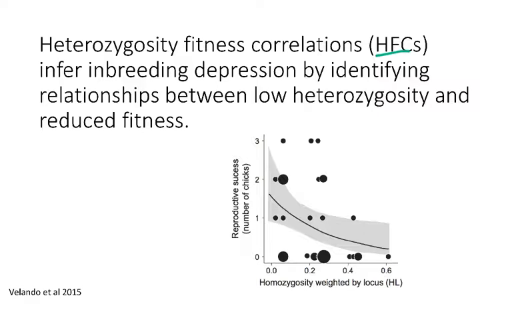That is evidence for inbreeding depression. So this graph here on the right is showing that overall, the higher homozygosity there is, the lower fitness is. In this case, that fitness is represented by reproductive success, so number of chicks. So there's a negative correlation here. That's a heterozygosity fitness correlation that indicates inbreeding depression is indeed happening.